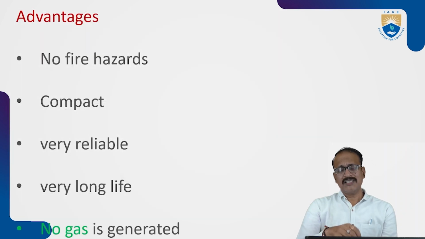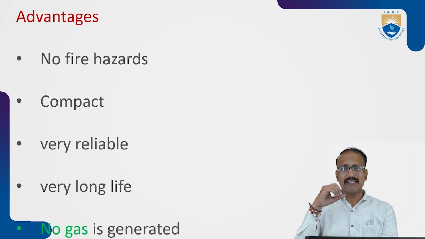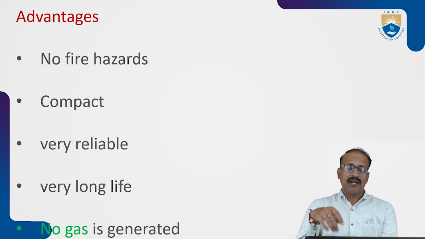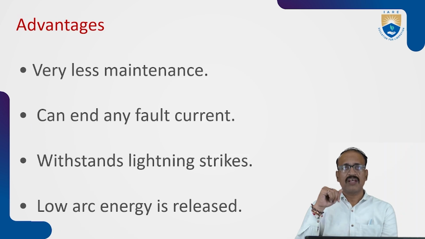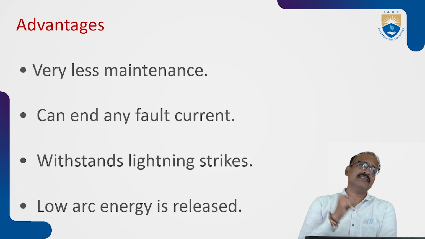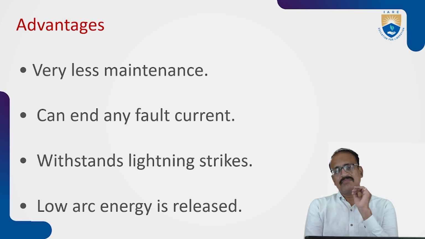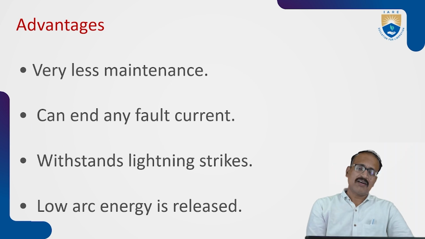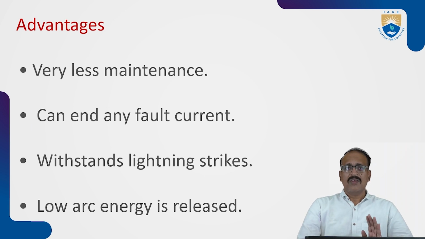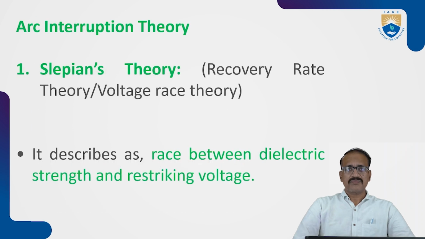The advantages are nil hazards, very long life, compact, very reliable, no gas, and very less maintenance. It can interrupt any fault or extinguish any fault. It withstands lightning striking and very low arc energy is released.